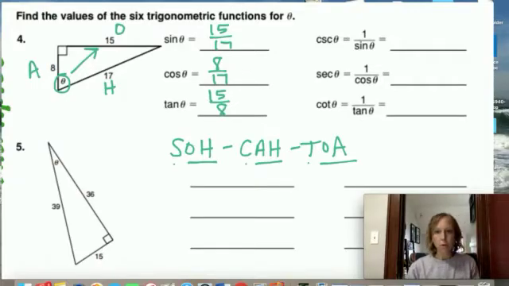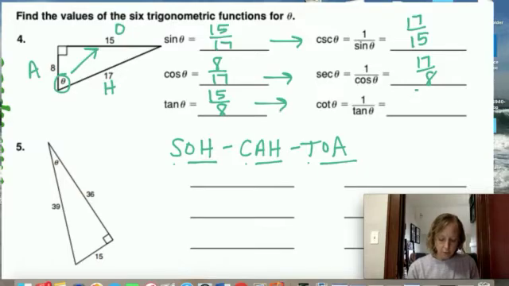Again, no way to reduce. Now we're going to write the reciprocals. We can just take this fraction, 15 over 17, and flip it: 17 over 15. Next one, 17 over 8. Then just writing the reciprocal of my last fraction, 8 over 15.